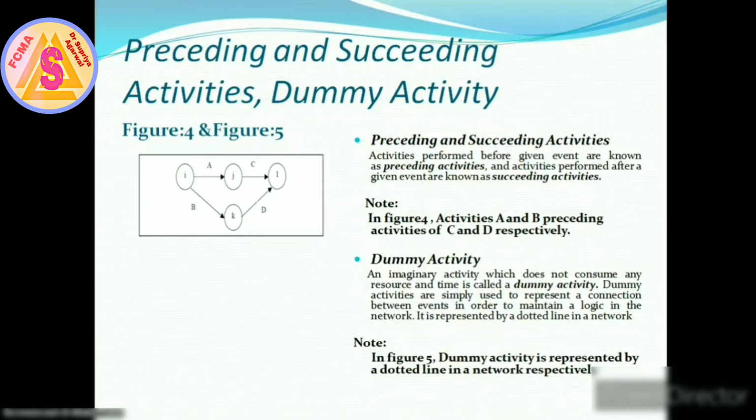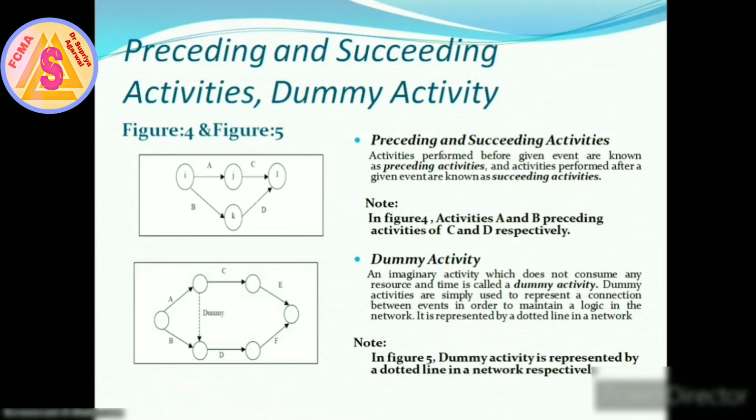Here A and B are the preceding activities. A is the preceding activity of C, whereas B is the preceding activity of D, and C and D are the succeeding activities. C is the succeeding activity of A, or we can say D is the succeeding activity of B.